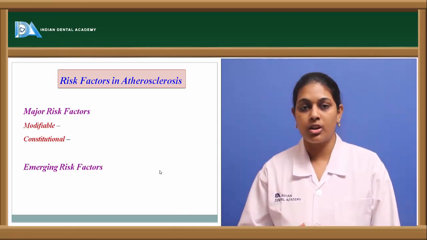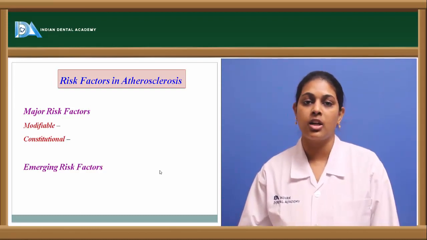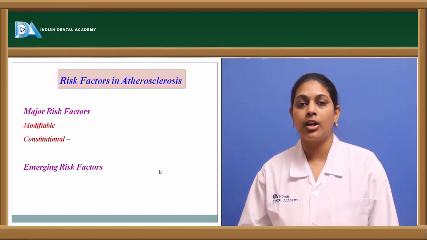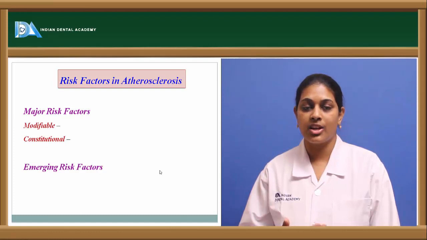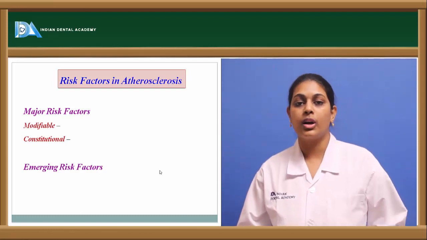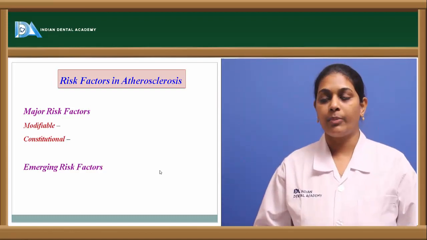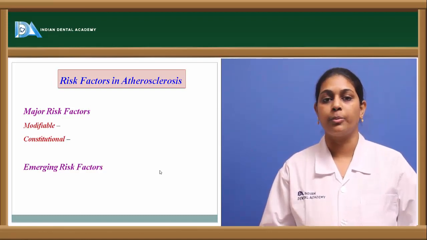Coming to the constitutional factors, starting with age, which is one of the constitutional factors, we see that atherosclerotic plaques might be formed within a younger age group, such as childhood, but they can clinically manifest once they grow to a larger size. So they can develop in childhood as well as in the adult age group.